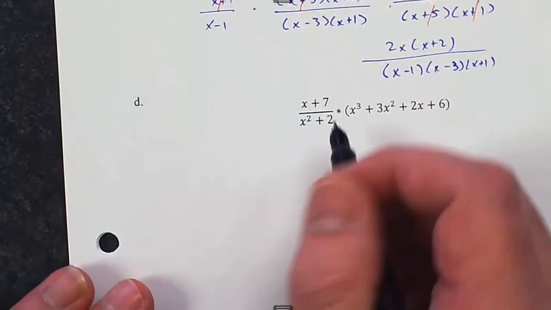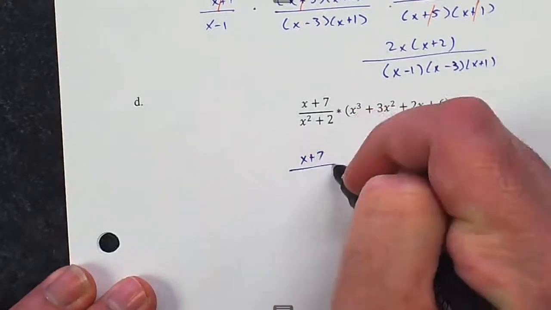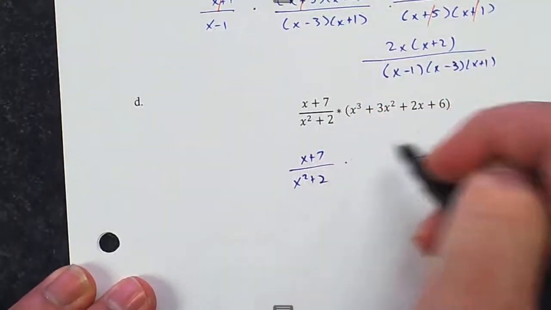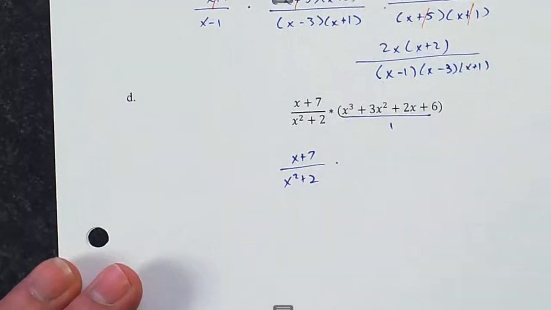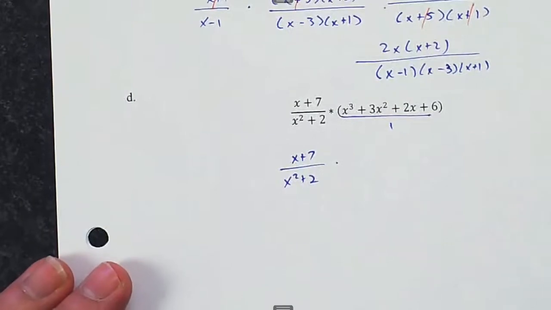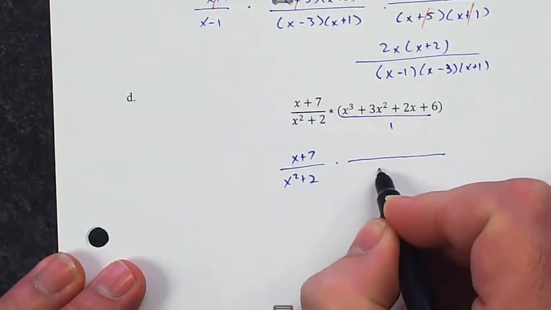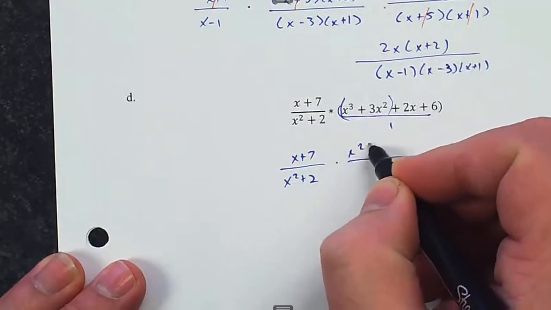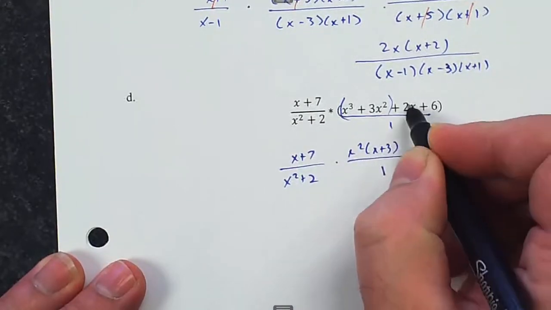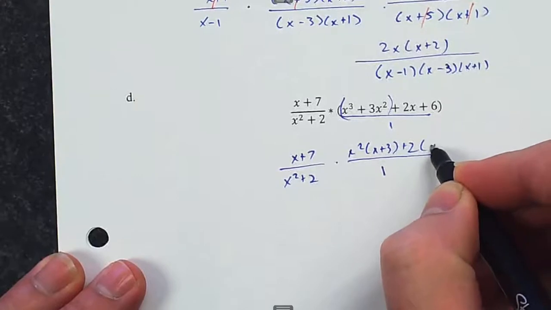Okay, on this one here, we have x plus 7 over x squared plus 2. And this whole thing is over 1. Would be a nice way to think about that. And I can factor by grouping and factor out an x squared and factor out a plus 2.